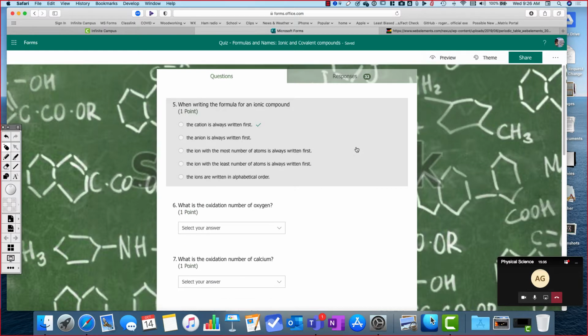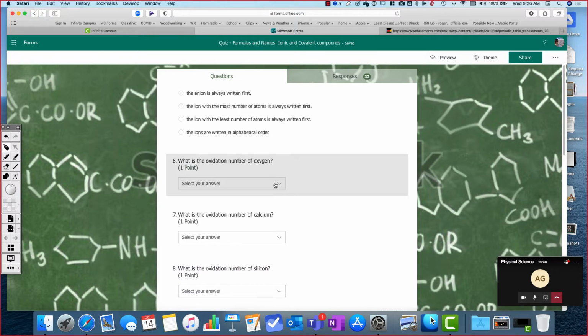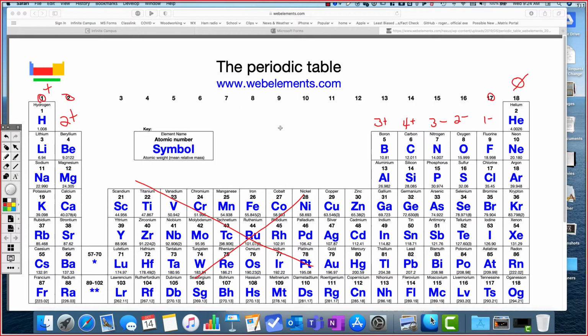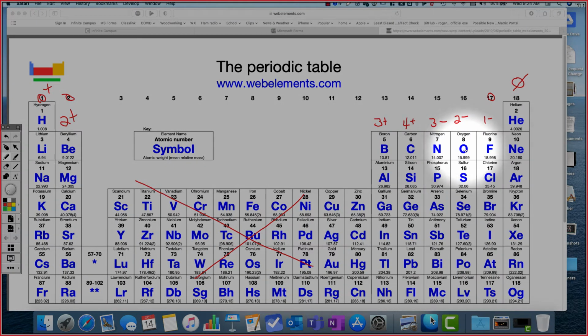All right. When writing the formula for an ionic compound, you always write the cation first. The cation is the positively charged ion. Okay. The oxidation number for oxygen. If we come back to what we just had, oxygen is over here.